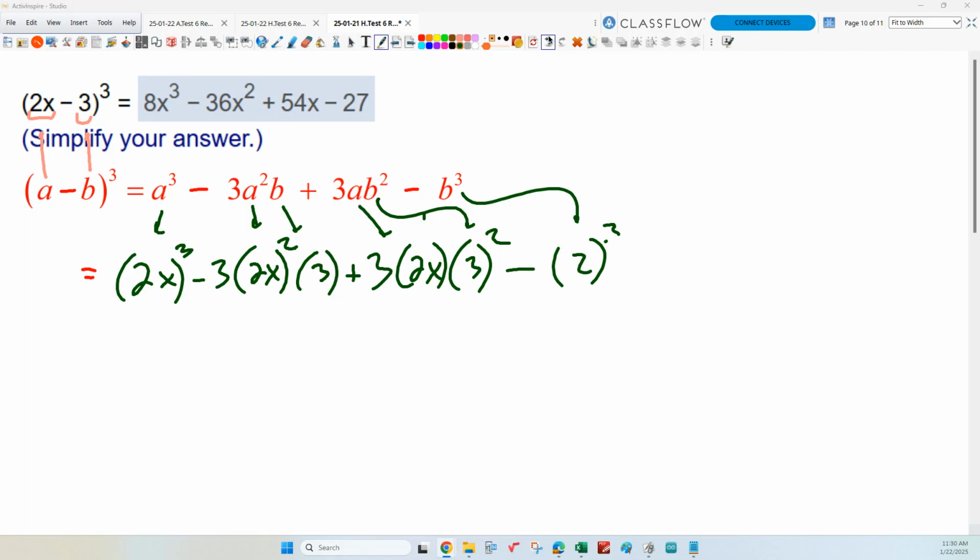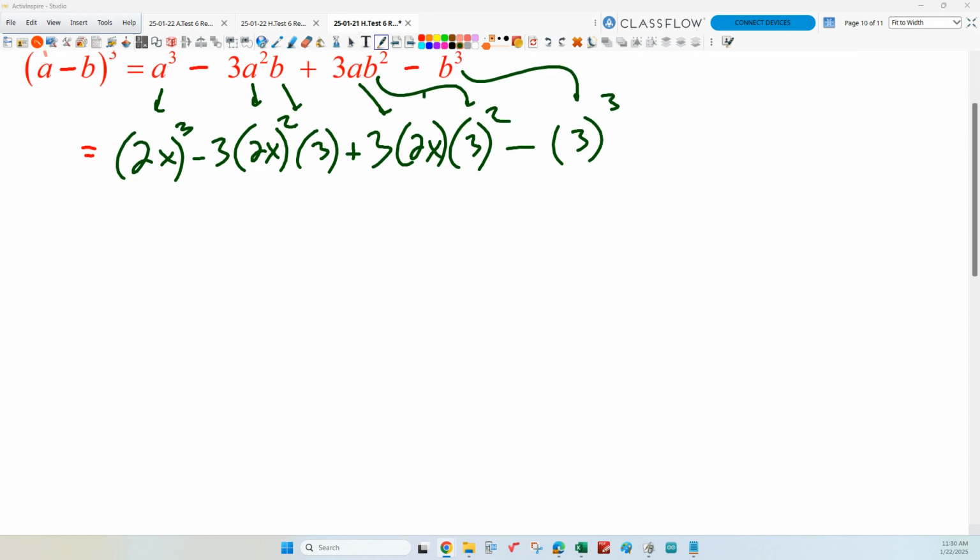That's supposed to be a 3, isn't it? 3 cubed. Okay, what is the quantity 2x cubed? 8x cubed. Got to cube the 2, cube the x. What is the quantity 2x squared?